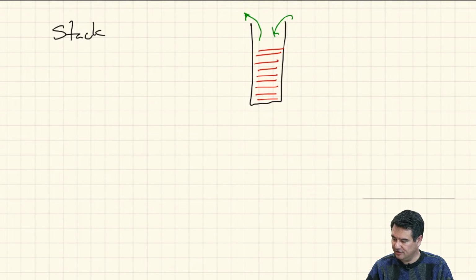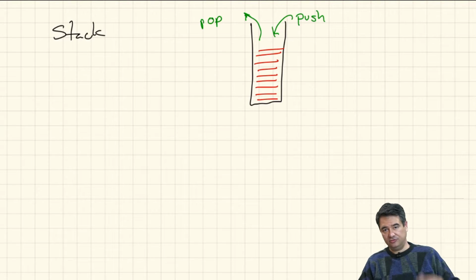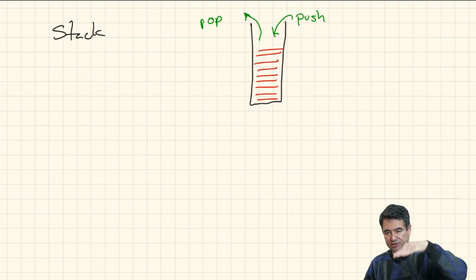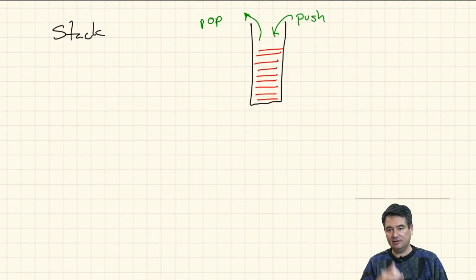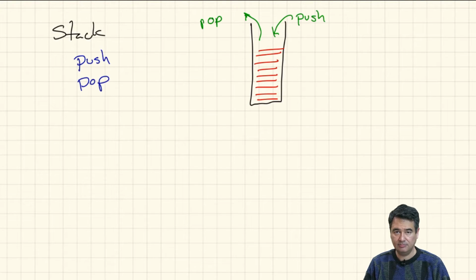Adding a plate is called a push operation, and taking away a plate is called pop. So there's two operations you can do on a stack. You can push an item onto the top of the stack, or you can pop an item off the top of the stack. Okay, so we have push and we have pop.